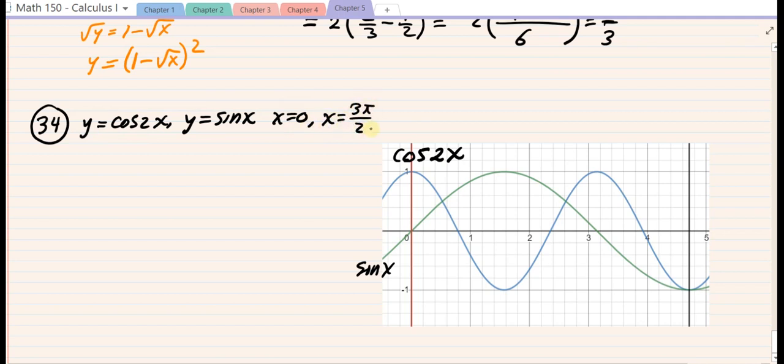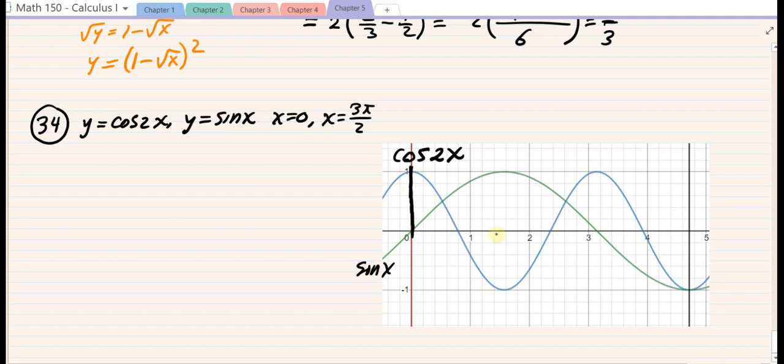Now remember, x equals 0 would be the y-axis, right? And x equals 3 pi over 2 would be a vertical line at 3 pi over 2. True. So let's do this. Right here, that's that.